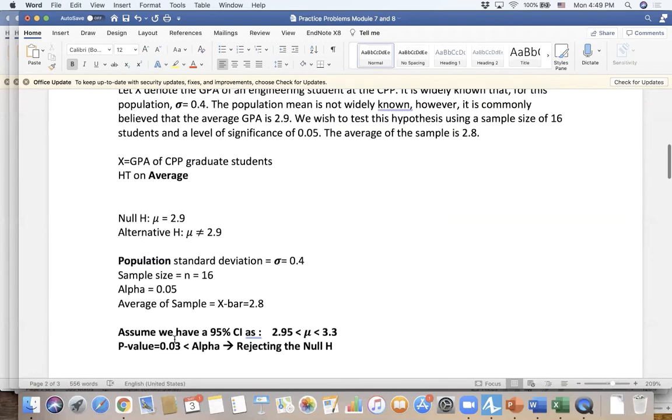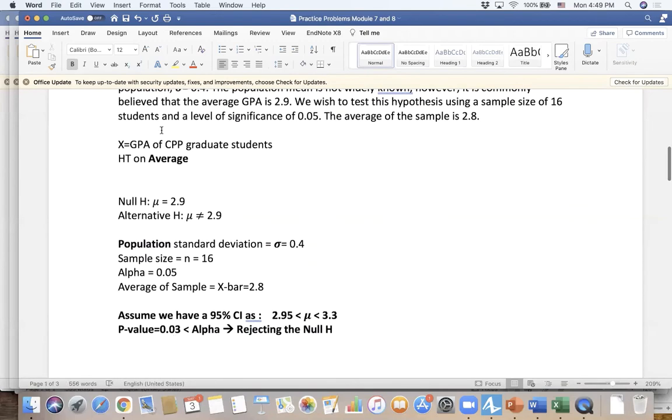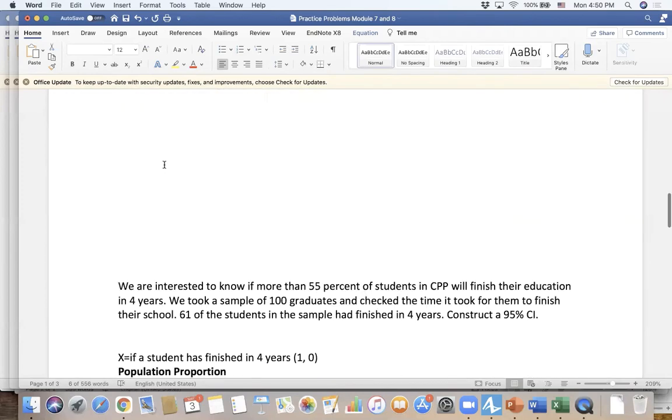And the same story holds for the average. I don't know average of the characteristic of interest in the population. Mu, I don't know. But average of the sample gives me a point estimate for this unknown mu. Then I also construct confidence interval. I do the test of hypothesis to also be able to say more about that unknown average of the population.